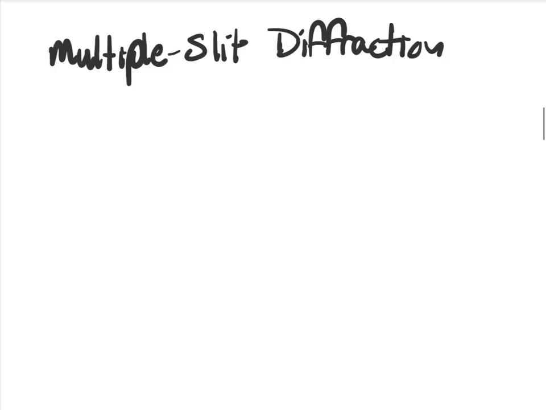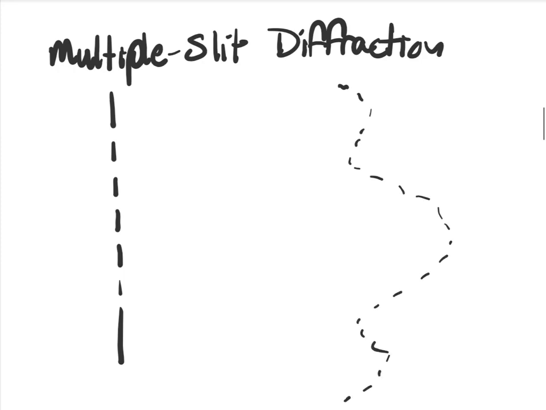Okay, now let's talk about multiple slit diffraction. Now, instead of 2 slits, we're going to have many slits. Like before, they will have a width of W, which means that we're going to have an envelope that is a sinc function, or sinc squared for intensity.